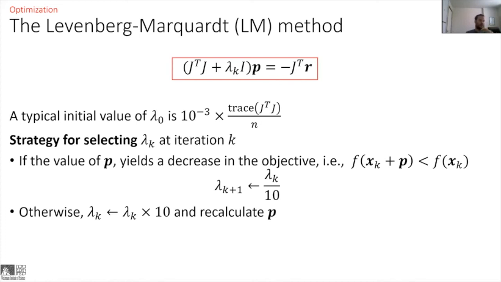In general, like you say, I can check J transpose J and then decide which method to use. You can also check the objective. Yeah, I guess you can do some hybrid strategy, but in general, these are two different methods.